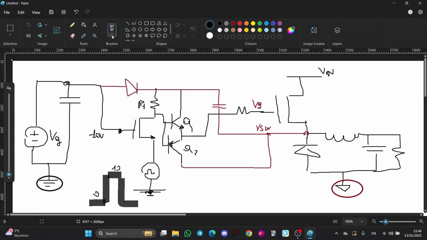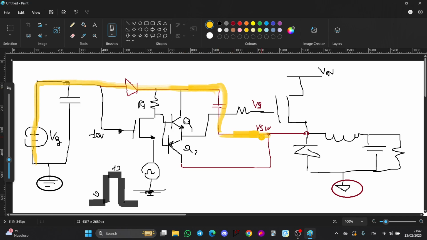The matter is, at first the bootstrap capacitor is not charged, so it has to be charged. So I'm drawing the power supply, the flowing supply. This is important. From the VG, it goes straight to the diode and goes straight here.